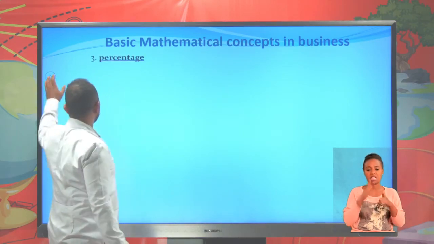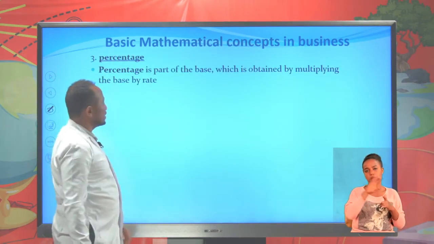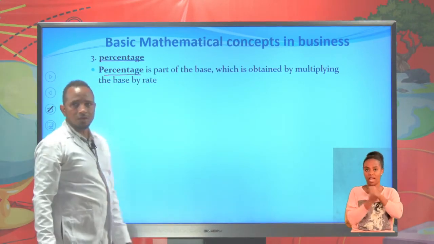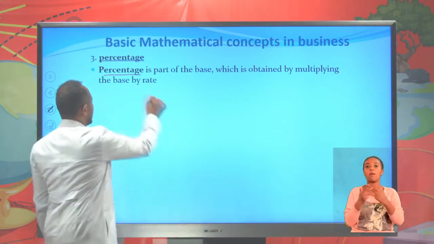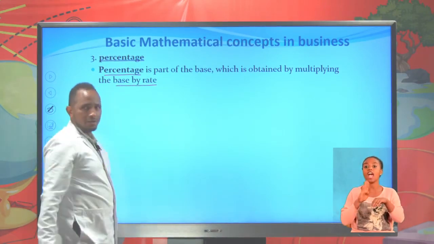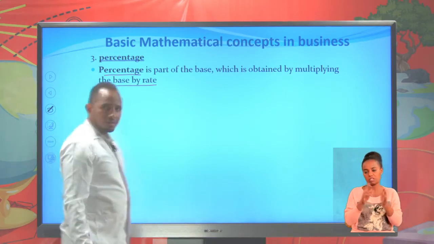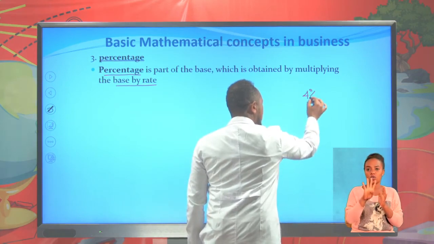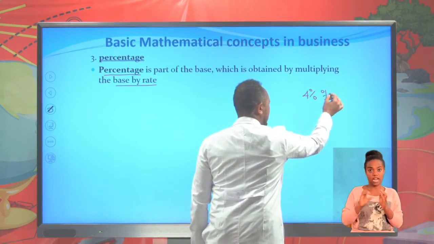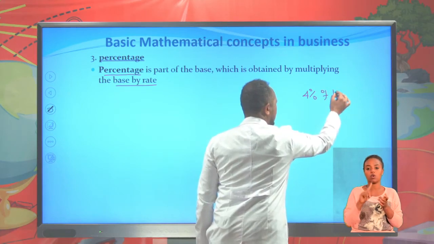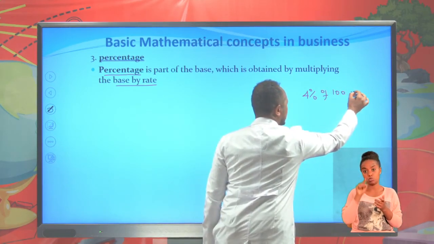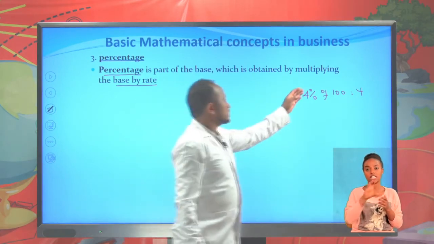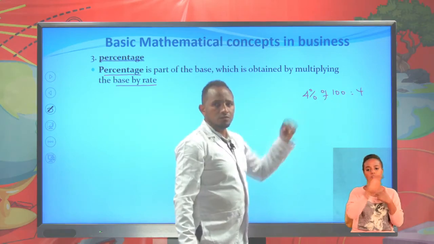Now let's see percentage. Percentage is the part of a base which is obtained by multiplying the base by rate. To explain this, for example, when you calculate 4% of 100, 4% times 100 gives you 4.